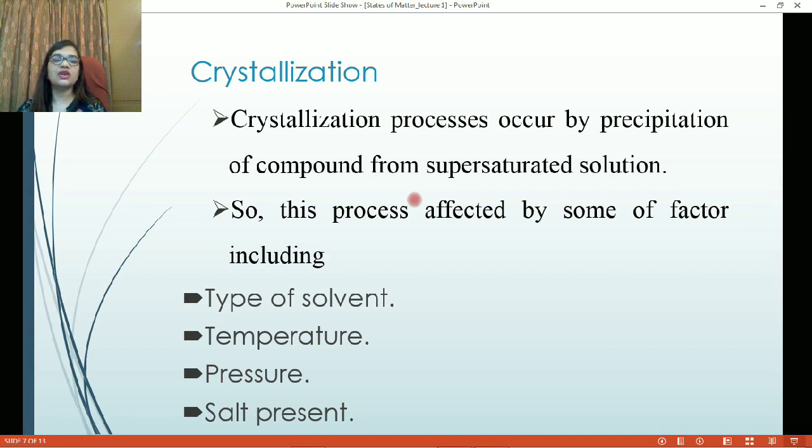And also the salt present. What is the principal salt? Say, for example, if you are carrying out crystallization for copper sulfate, and other than copper sulfate, any other crystal is also present in that liquid, then that is going to affect the crystallization process.